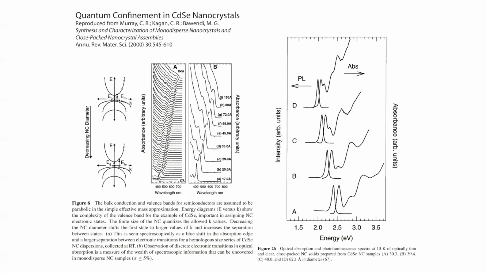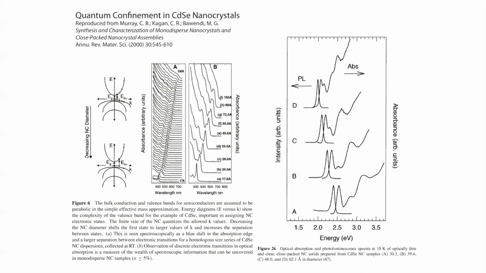And there are transitions labeled there also that conserve momentum, so from the same value of K in the filled to the same value of K in the empty. And they say, all right, as you go to smaller and smaller diameters, the spacing in K spreads out, and that gives rise to a larger spacing in energy of the various transitions that you can have. And also the lowest energy transition that's possible gets wider.